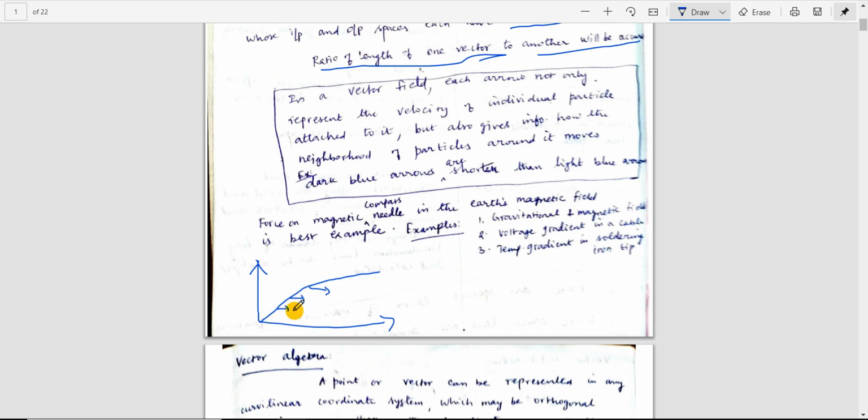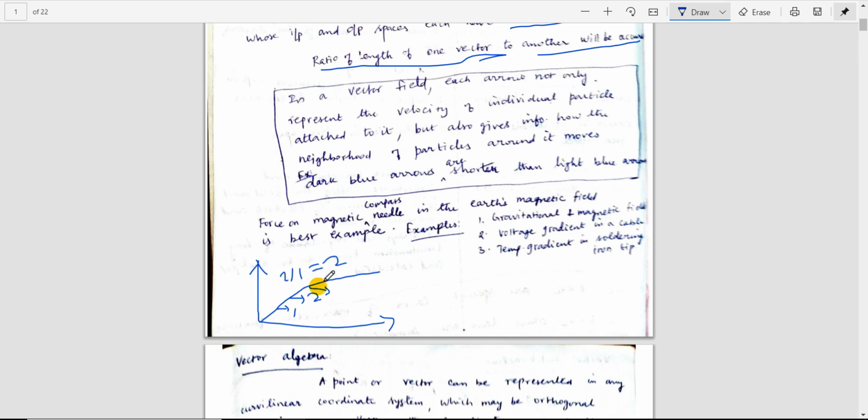So if you are defining a unit vector in this direction with a magnitude of 1, and at the next point you are defining a magnitude as 2, the ratio 2 by 1 is equal to 2.